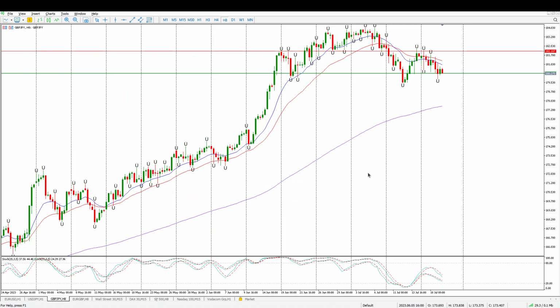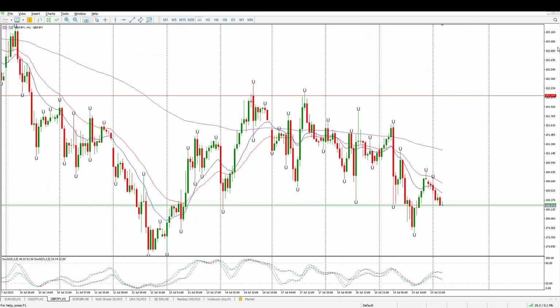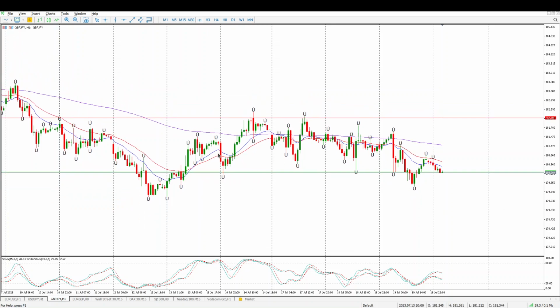British pound, Japanese yen. Does look like we're starting to resolve ourselves to the downside. It has been a bit messy this week, so I'm just going to jump straight to the hour. And you can see sideways price action continuing yesterday, buying off the bottom of the range. But you can see the series of lower highs here, and then eventually a lower low.